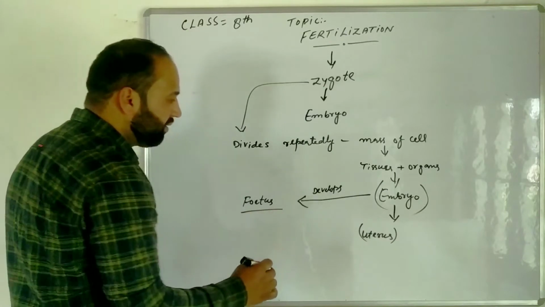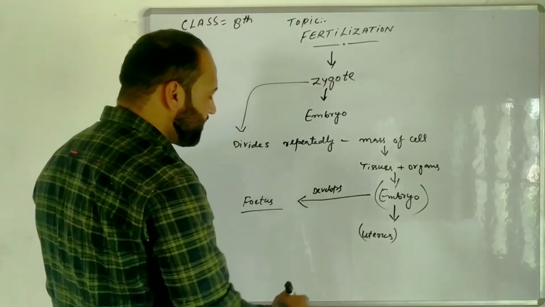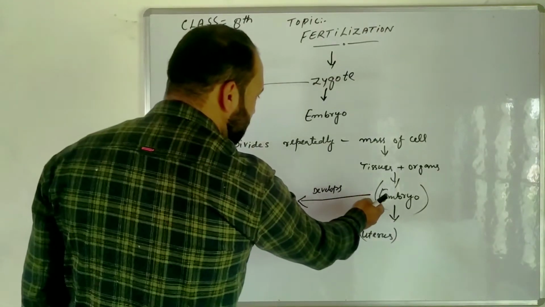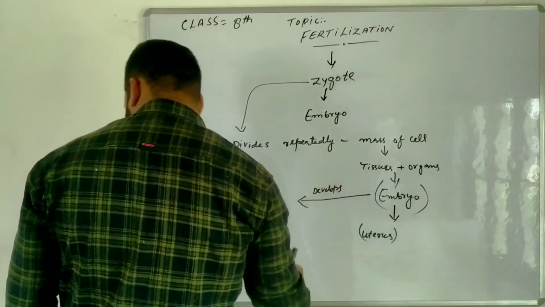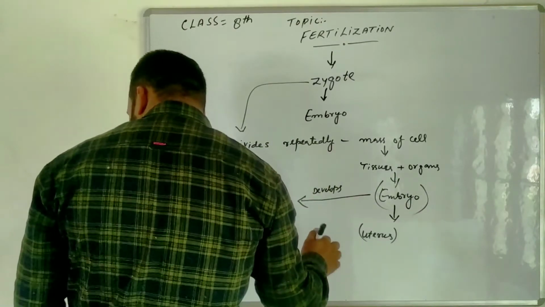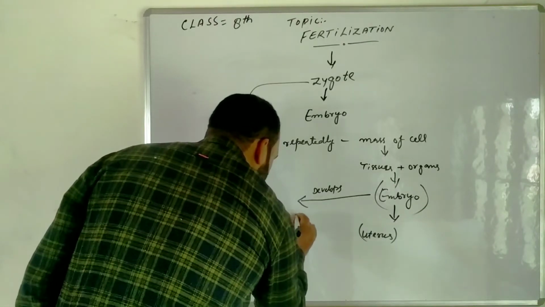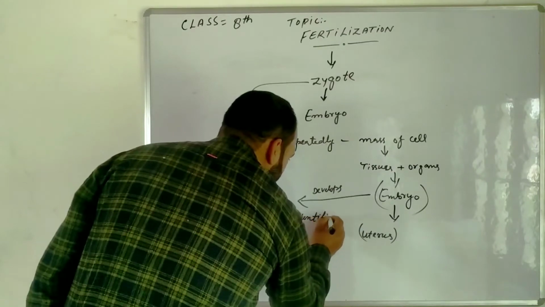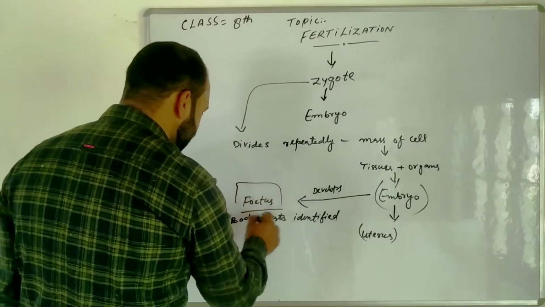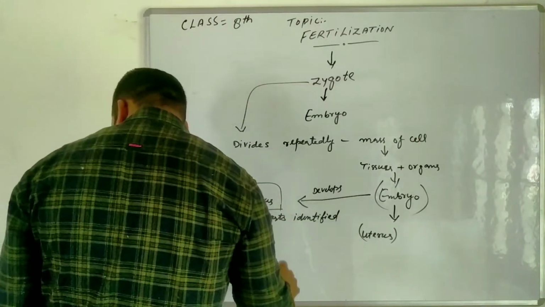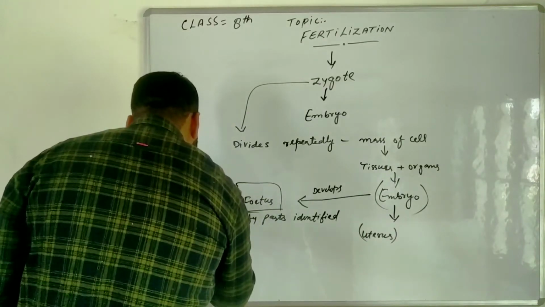Fetus is a stage when different organs get distinguished, when all body parts are identified. After the fetus stage, the fetus further develops into a full-fledged child.